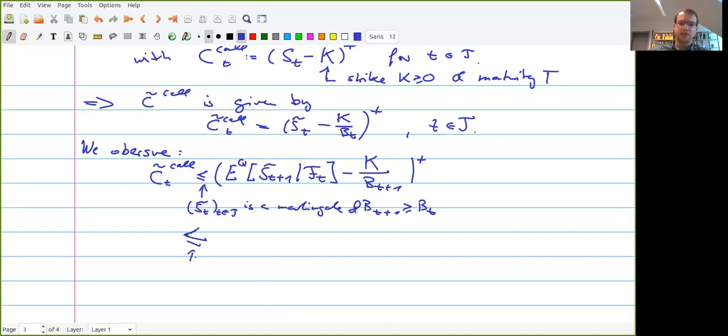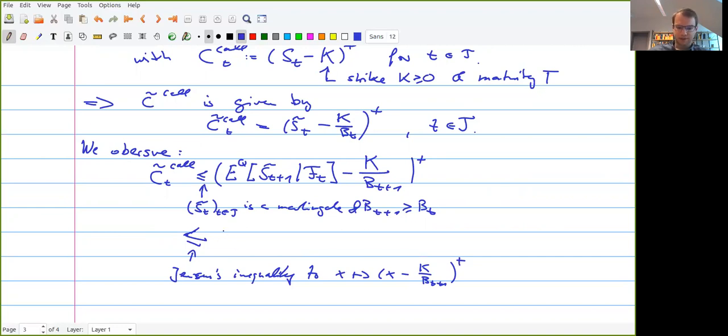And now we use Jensen's inequality, which allows me to pull in this convex function here. So this is the function I consider, the plus function.